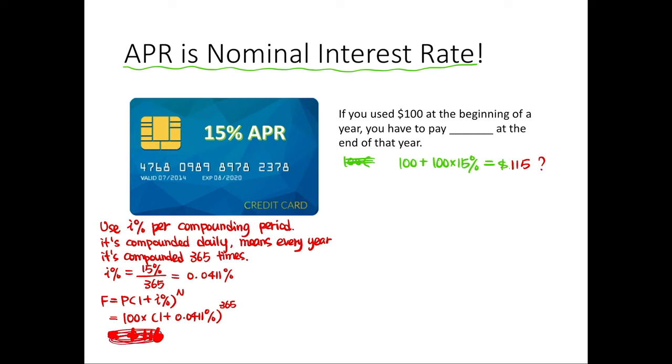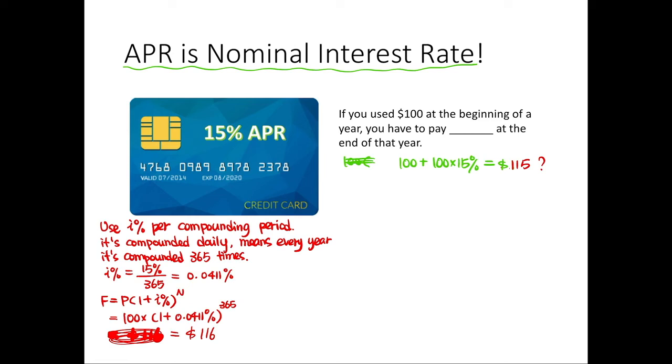So actually you have to pay $116 instead of 115. I know the difference is small, just $1, but imagine if you borrowed 1,000 or 10,000, that's going to be a big difference.